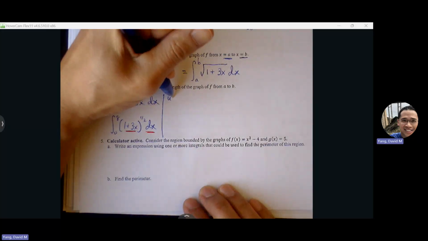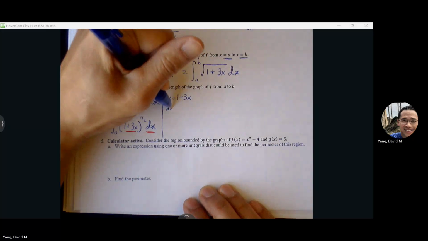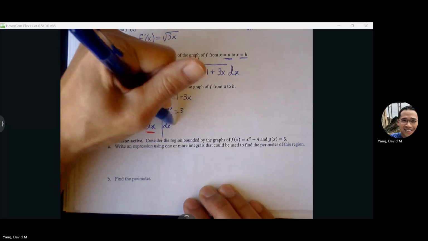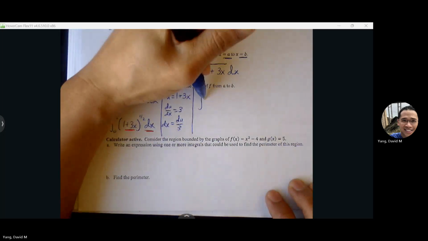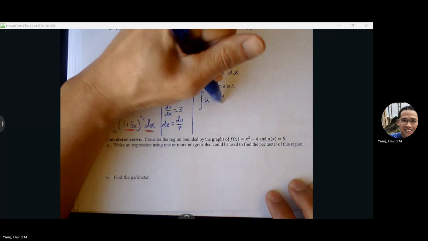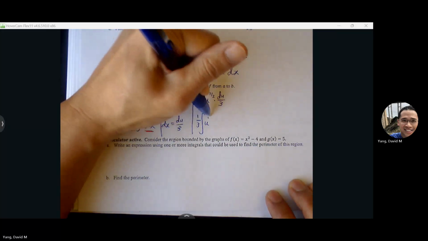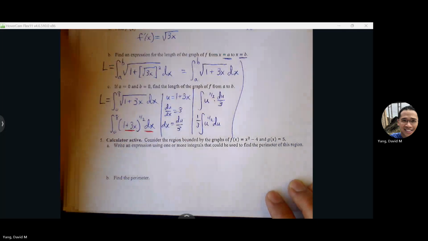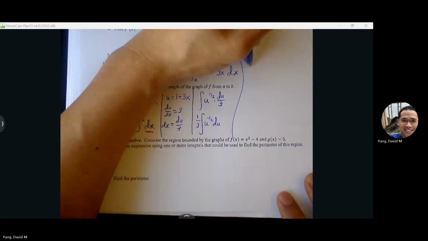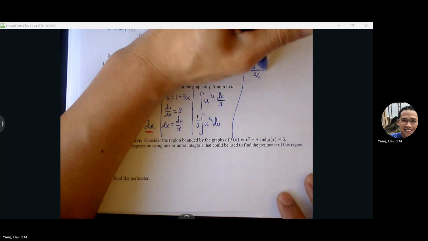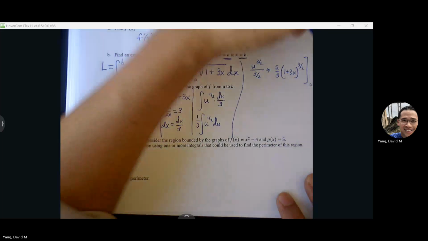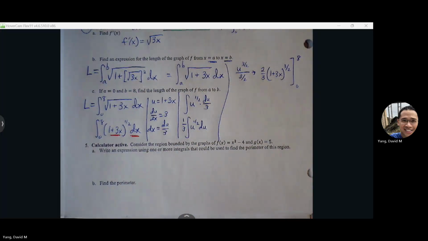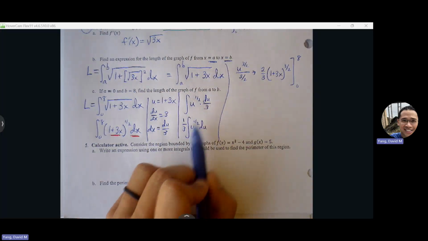We do have a leftover coefficient to keep track of. We keep track of the leftover coefficient.